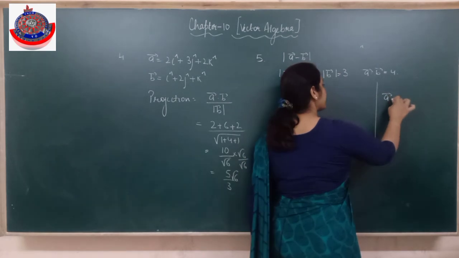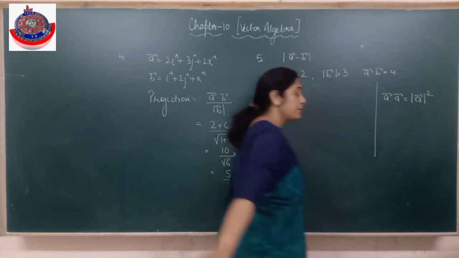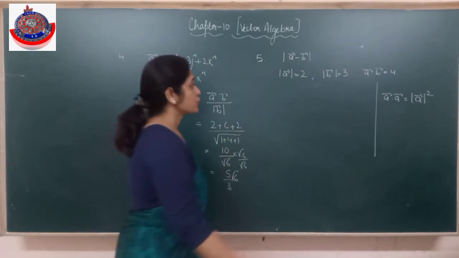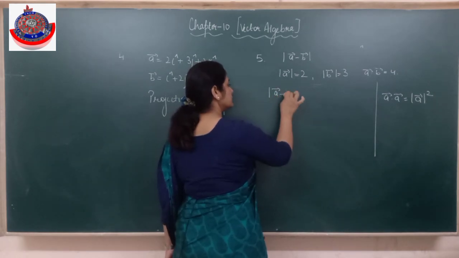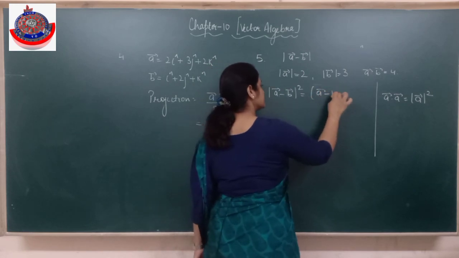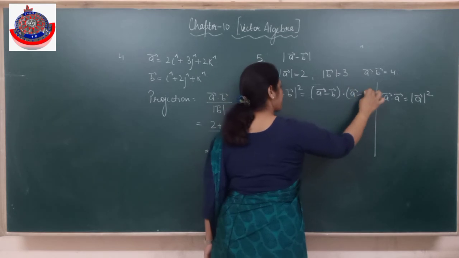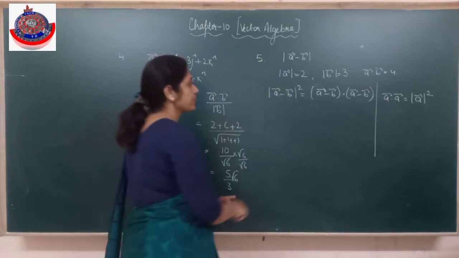We have done this. A vector dot A vector, we know that it's the square of the magnitude. This is what we apply in such kind of questions. So I'll apply this. The square of the magnitude is A vector dot the same.